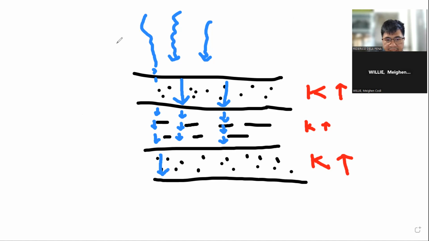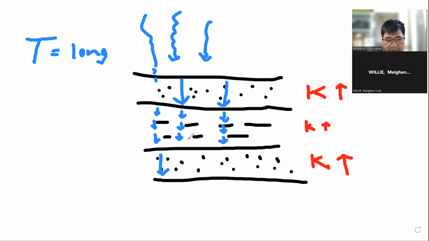Therefore, in this case, your time t for the flow to travel through this will be quite long. Okay. Simply because the whole flow is being impeded by this silt layer.